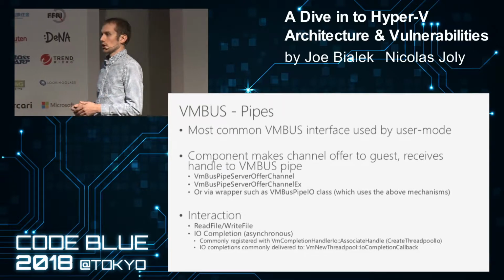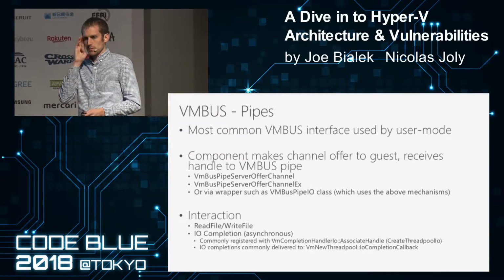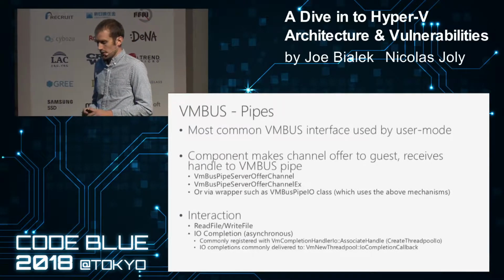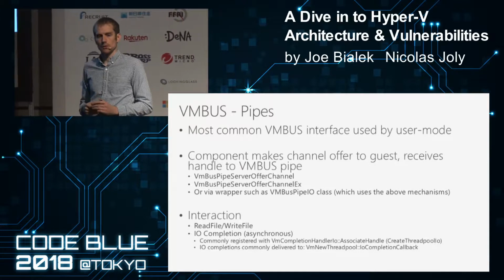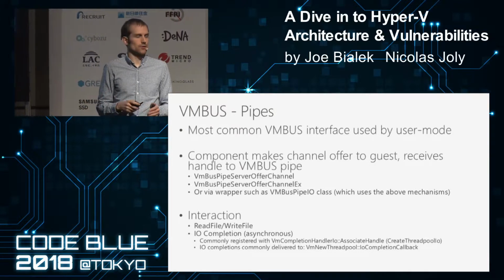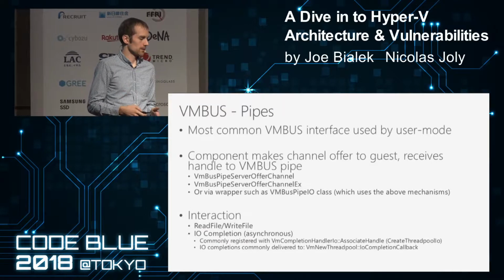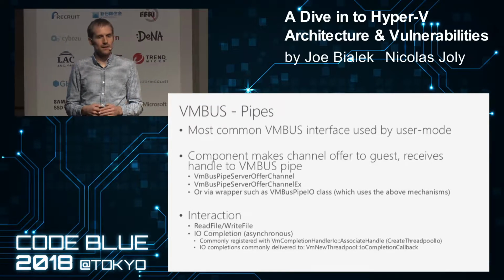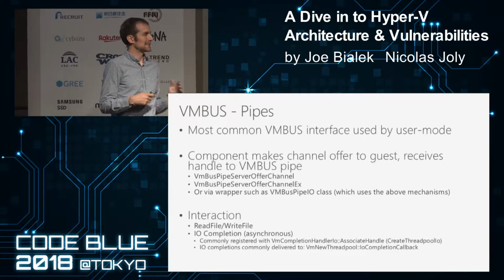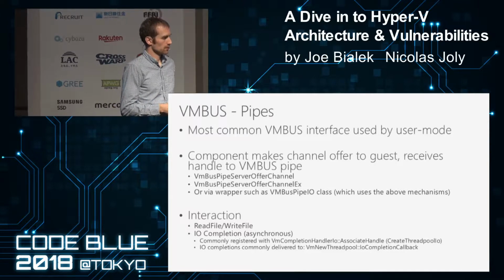So KMCL is how the kernel mode components use VM bus, but what about user mode components? The most common way for user mode components to use the VM bus is through VM bus pipes. A VM bus pipe is an interface that's set up to look exactly like named pipes on Windows.